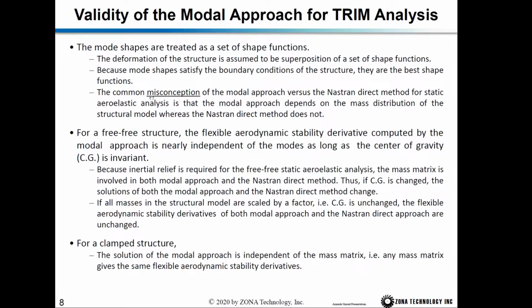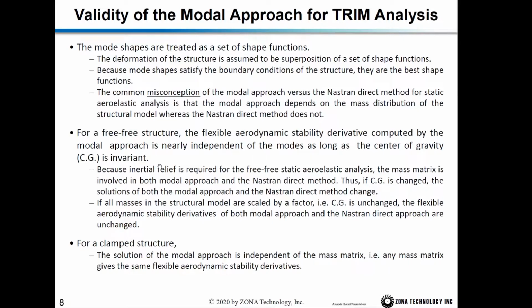The common misconception of the modal approach versus the natural direct method for static aeroelastic analysis is that the modal approach depends on the mass distribution of the structure, whereas the natural direct method does not. This is a misconception because for a free structure, the flexible aerodynamic stability derivatives computed by the modal approach are nearly independent of the modes as long as the center of gravity is invariant.